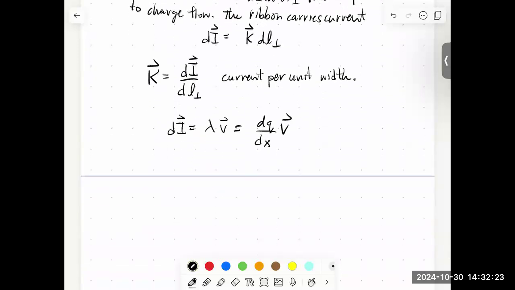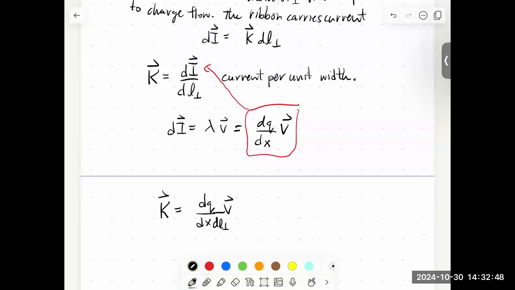So what I want to do is just substitute this thing into here, and we could say our surface current density is going to be dI, which is dq divided by dx times v, and then we have to divide by this dl perpendicular.